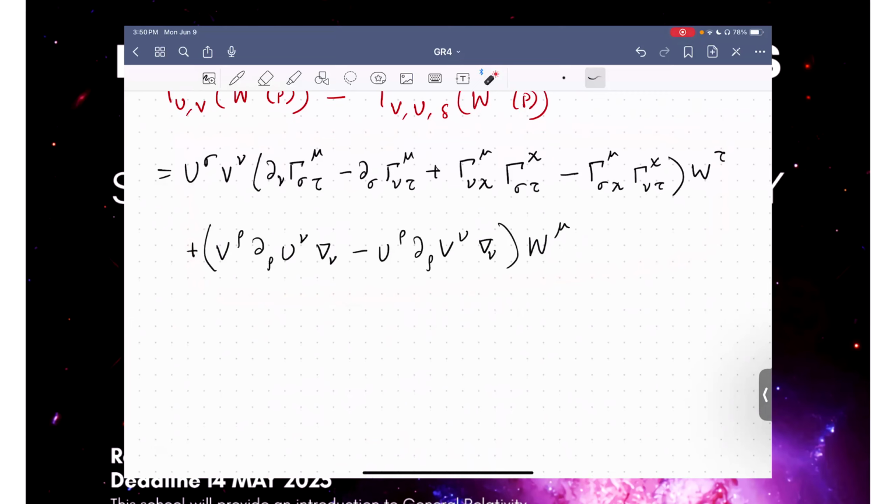Now, that's not entirely true because of this term. Because suppose we are on a flat space. What happens on a flat space is that there is no non-trivial Christoffel symbol, right? So the partial derivative is covariant.